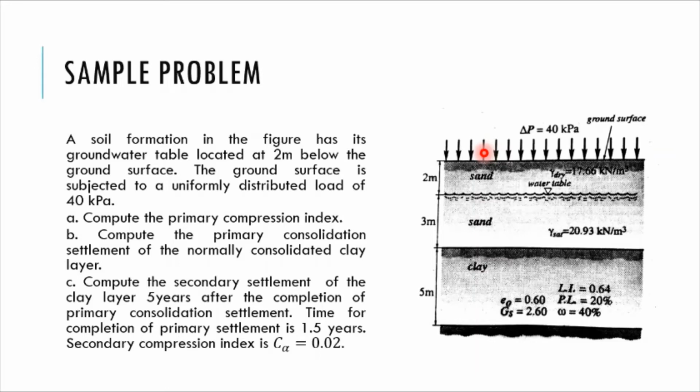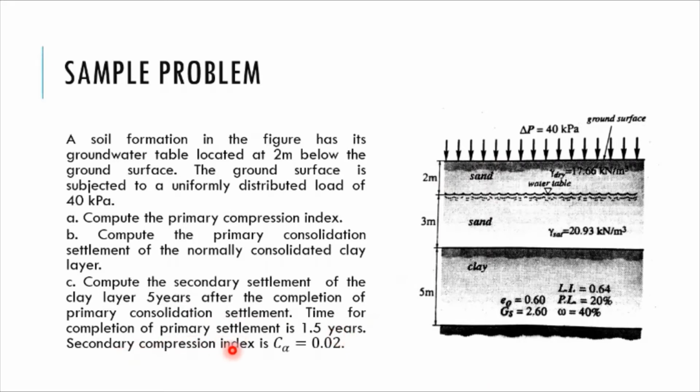Time for completion of primary settlement is 1.5 years. So therefore, 5 years plus 1.5 years, so we are at 6.5 years na.